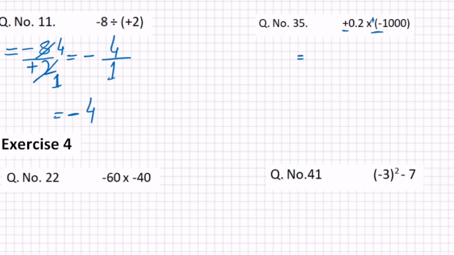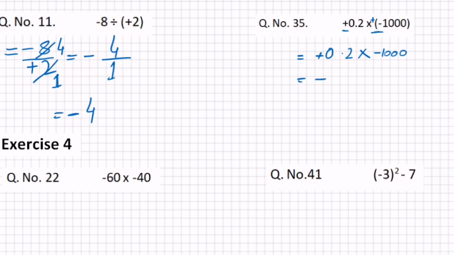Outside there's no sign, so plus into minus, you can write here minus 2 into minus 1000. Now here is plus sign, so plus into minus, you know the rule in multiplication: when we multiply plus into minus, the answer will be minus.